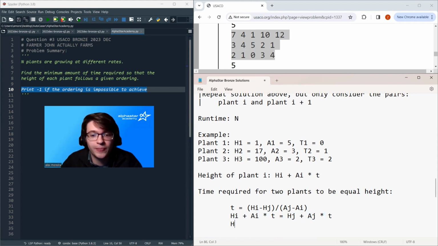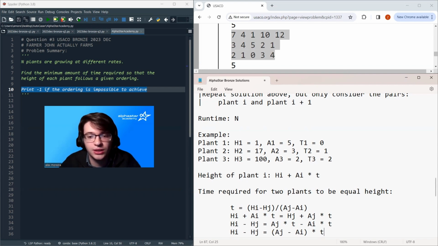So we can bring the h's over to one side. Then we can bring the ai times t things over to one side, and so we're going to have times t here, times t here. Then we apply the distributive property to this side, right? We have an aj being multiplied by t, and we have an ai being multiplied by t. So we're going to do hi minus hj is equal to aj minus ai times t.